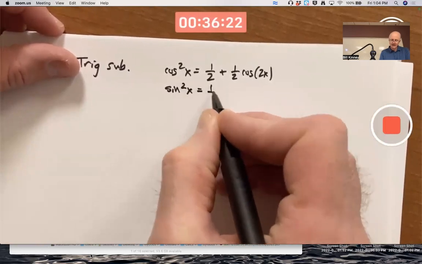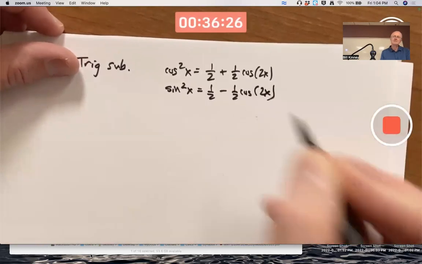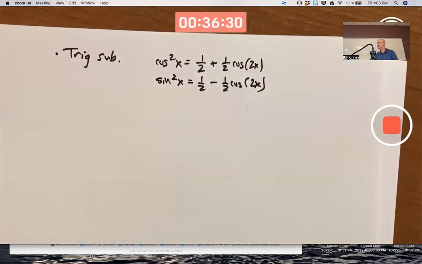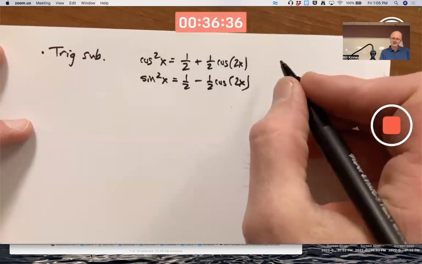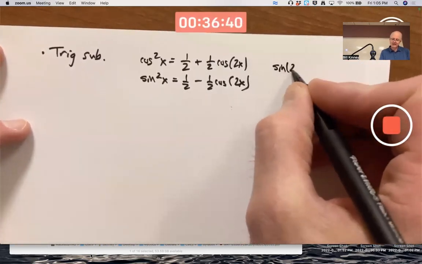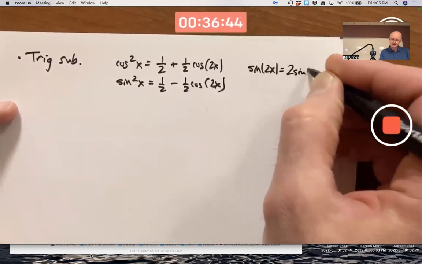Sine squared x is 1/2 minus 1/2 cos 2x. That's not a typo, that's correct. You can see by adding these two equations why cos squared x plus sine squared x equals 1, because these cancel. That's related to double angle formulas, in particular the one involving sine 2x, that it equals 2 sine x cos x.